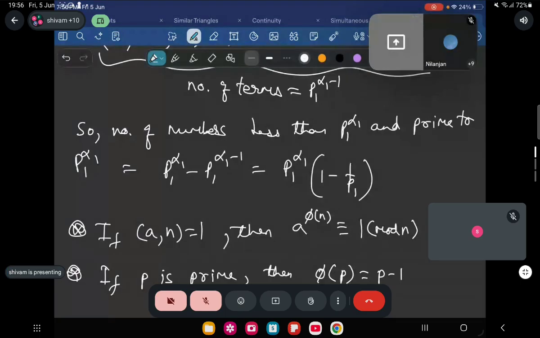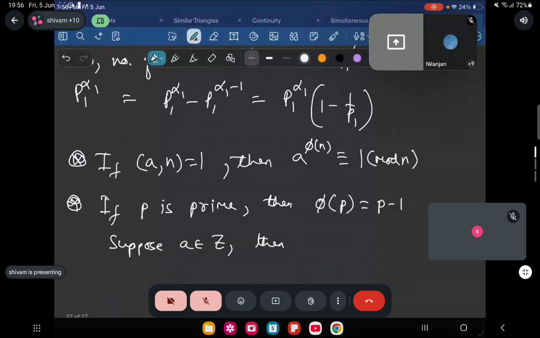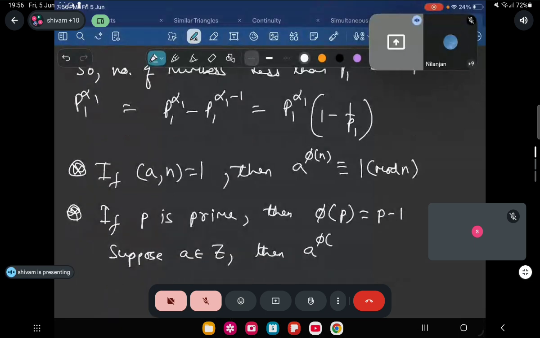Now suppose a is any integer, then a to the power phi of p is congruent to 1 mod p. Yes or no? Can I say this? Yes. And phi of p is p minus 1. Hence proved. See how we can get Fermat's Little theorem with the help of Euler's totient function.